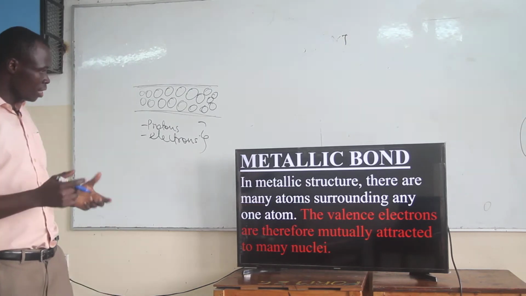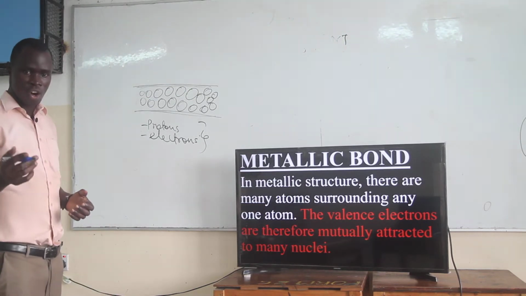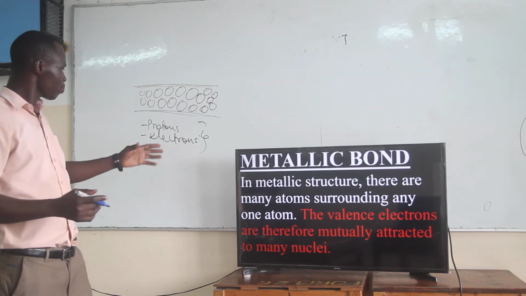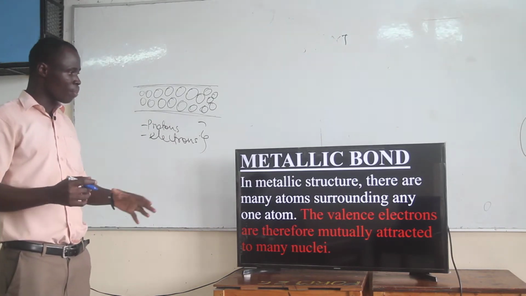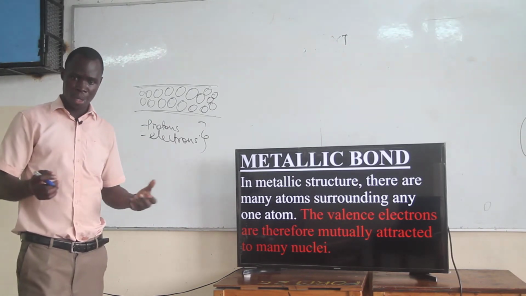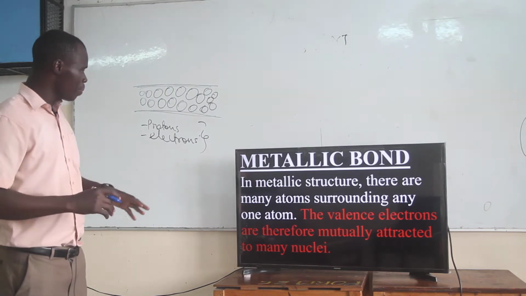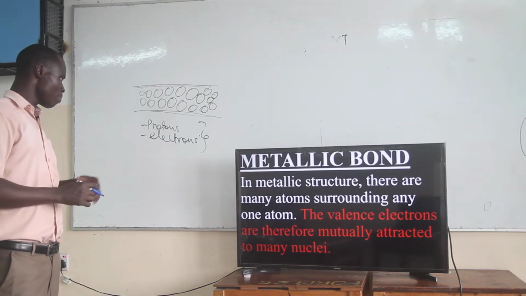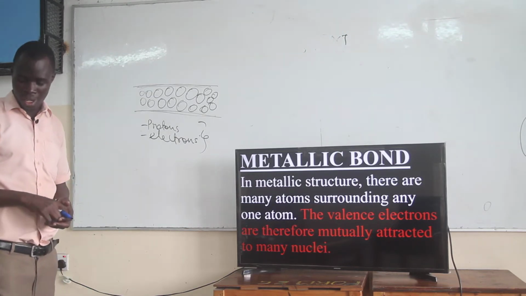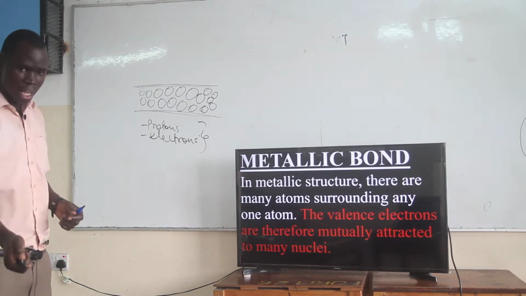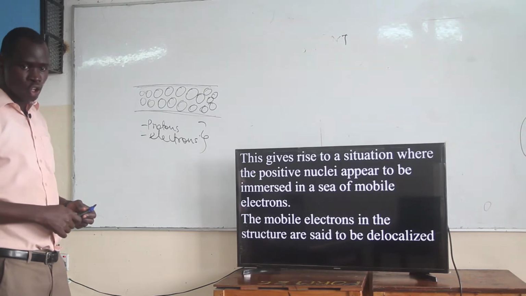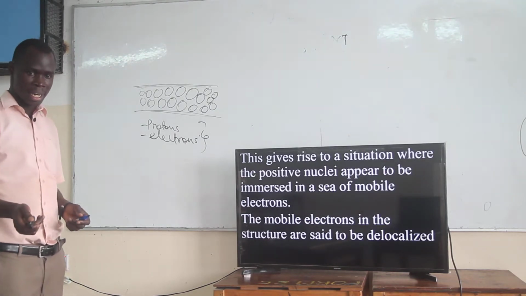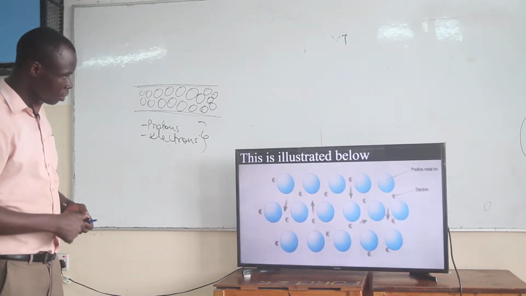And this is going to make the positive charge of the protons appear as if it is in a sea of electrons, because it will be surrounded by so many electrons. This is shown below.